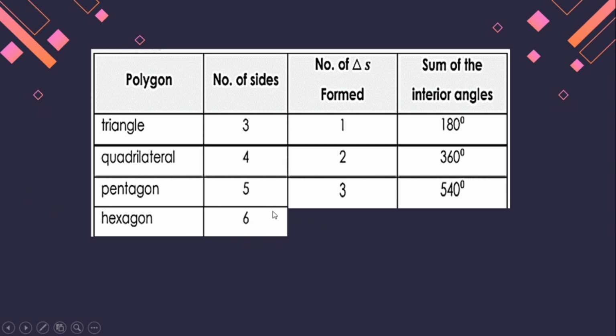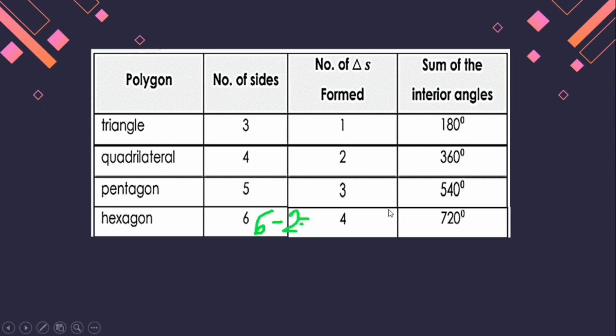So, 6 minus 2, ibig sabihin, ilang triangles ang ma-form niya? We have 4 triangles. And then 4 multiply to 180 degrees. Kasi di ba meron tayong 4 na triangle na ma-form. So, ibig sabihin, 4 na 180 yan. So, we have 720 degrees as the sum of the interior angles of a hexagon.